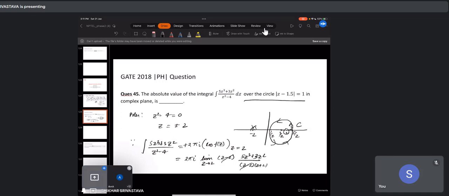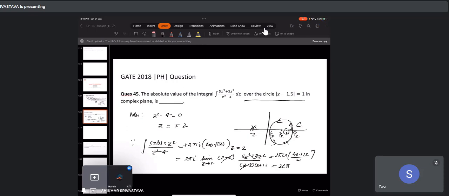This is cancelled. So it is 2 pi i times, just put 2 in this, so you get (8 plus 12) upon 4.